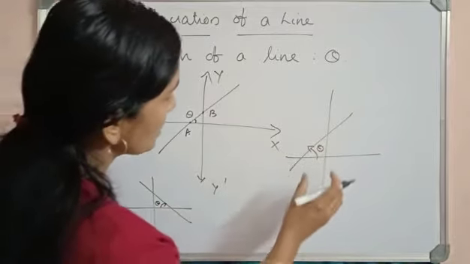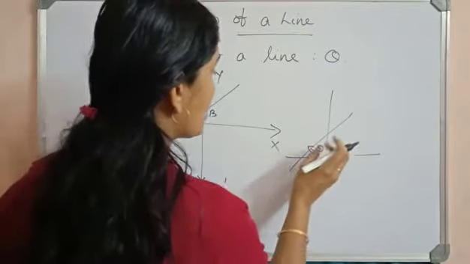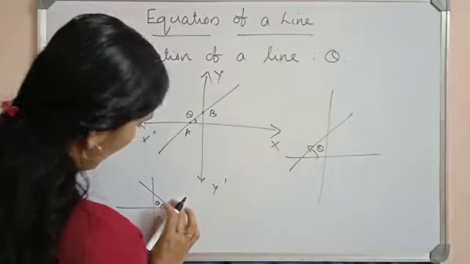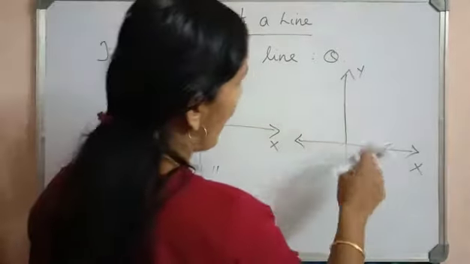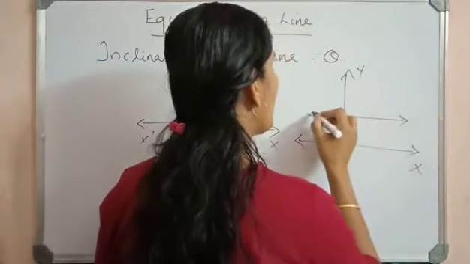So always measure the angle in the anti-clockwise direction to get theta as positive. If you measure in the clockwise direction, theta will be negative. The inclination of the x-axis or any line which is parallel to the x-axis is always 0.